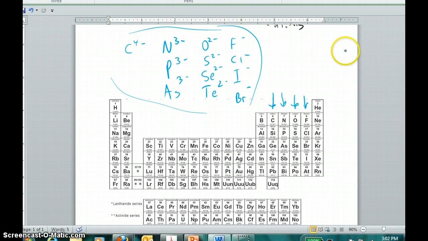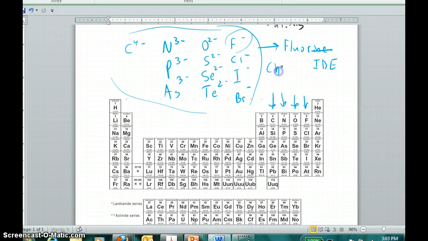And the way in which you name a monatomic anion is you take the element's root name, such as fluorine for F, and you change the ending of the name to IDE, the suffix. So fluorine's a neutral atom, but as an anion we would name it fluoride.